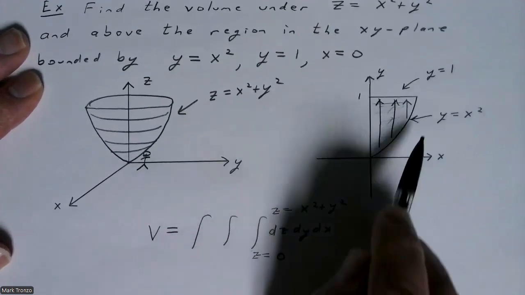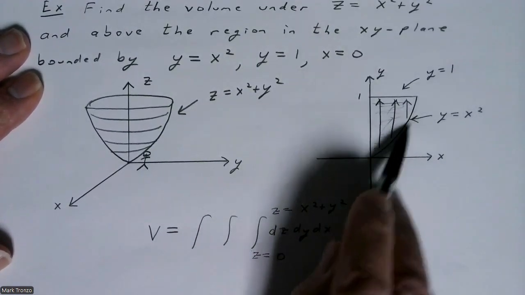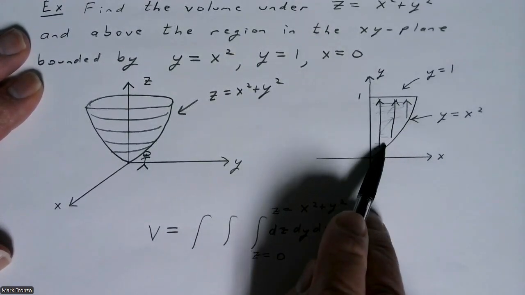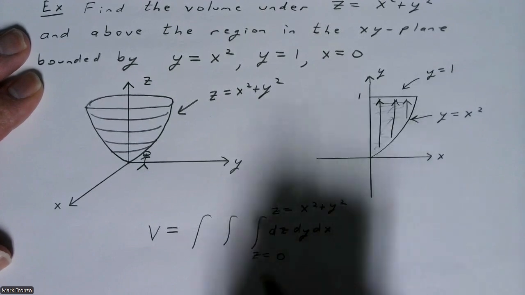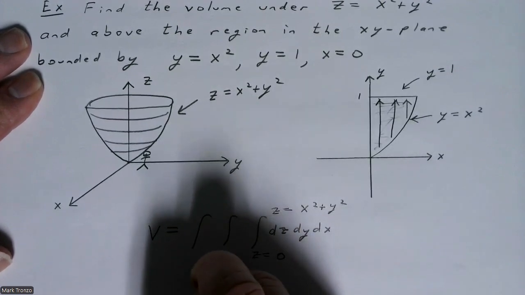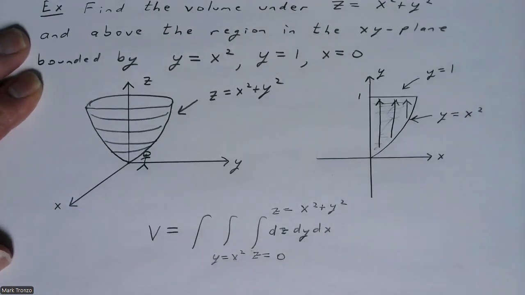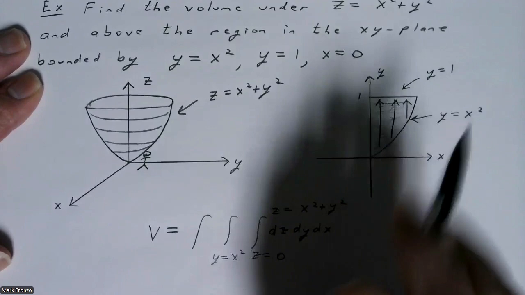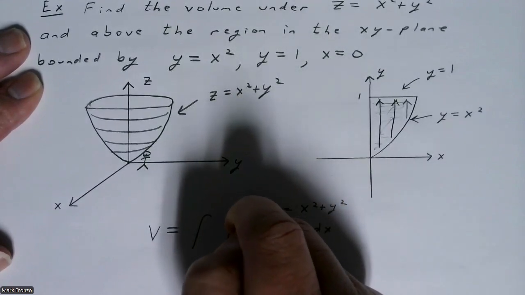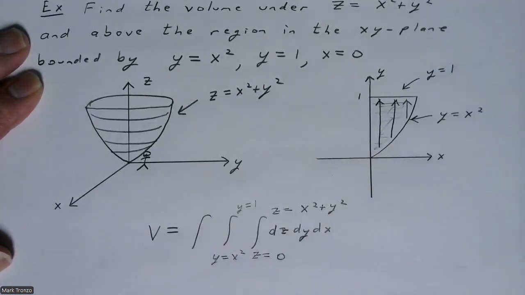And remember, wherever the arrows start, they start down here on this equation, y equals x squared. And they end on this equation, y equals 1.